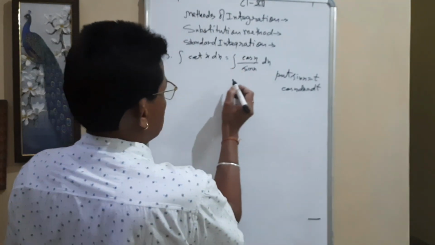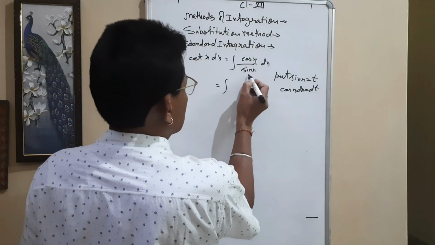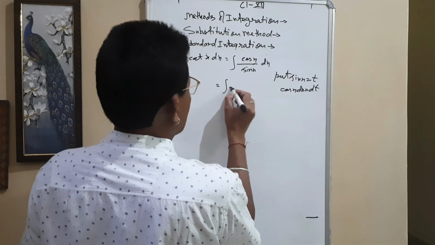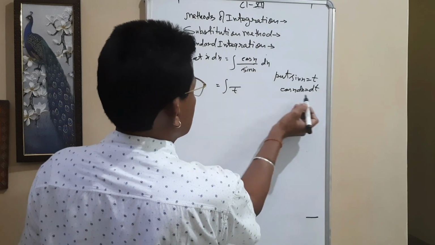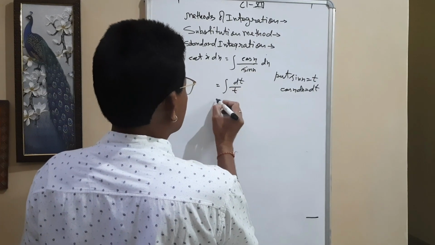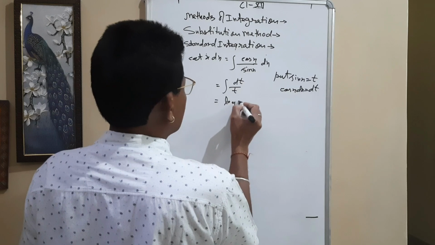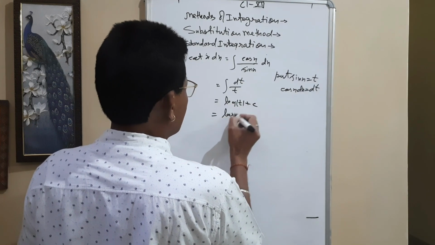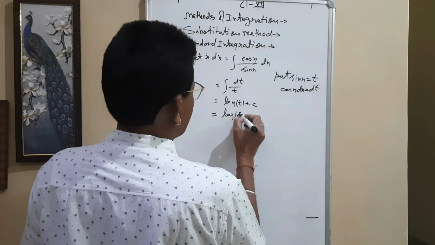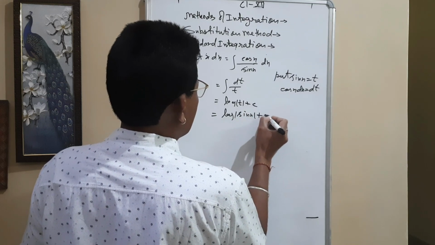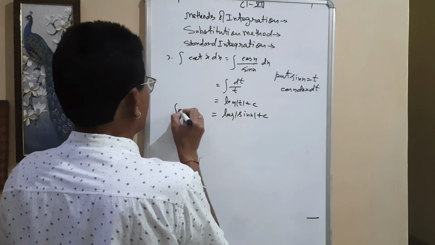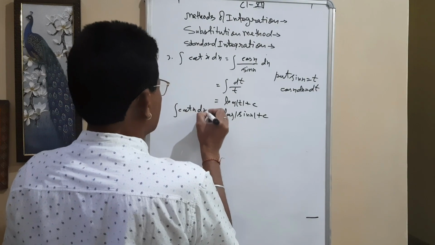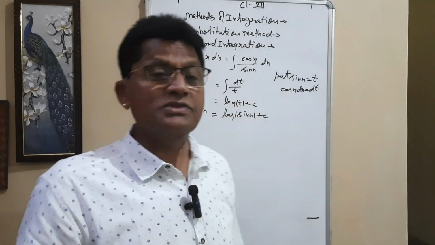In place of sin x you put t, and cos x dx is dt. Integrate it, plus c, and it will be log t, that is log sin x. So the integration of cot x dx is equal to log sin x.